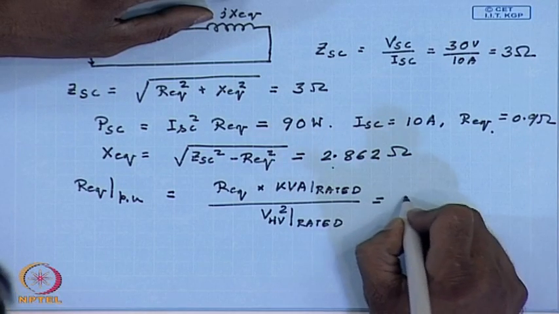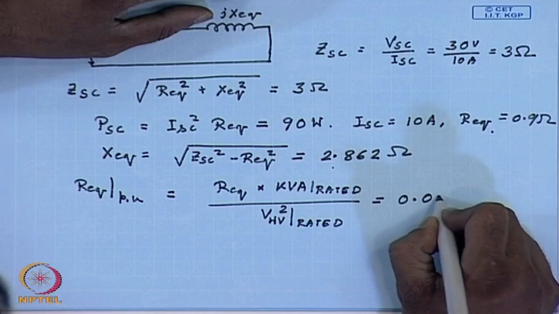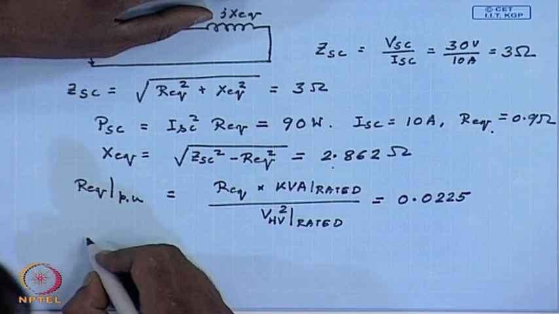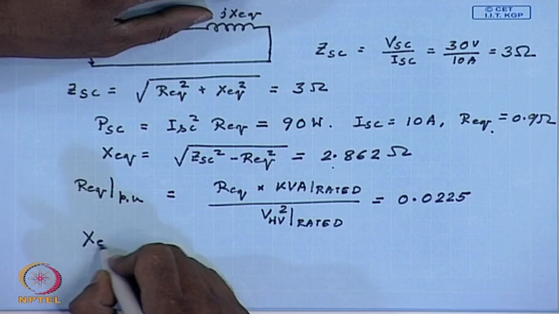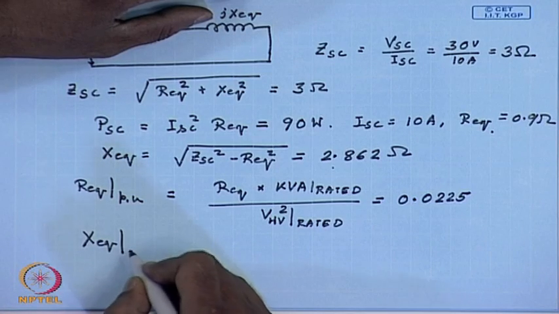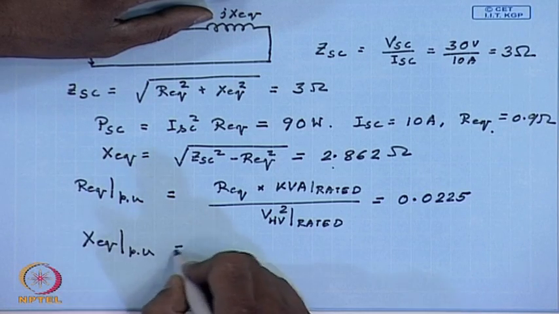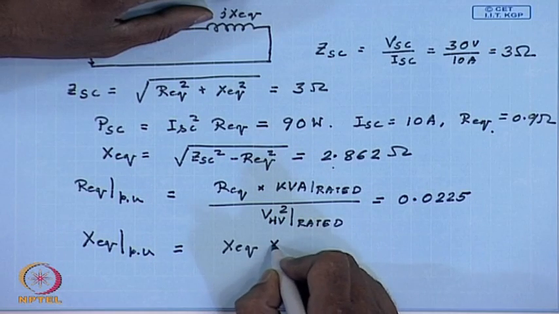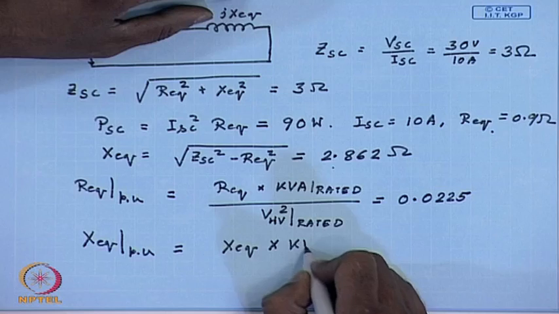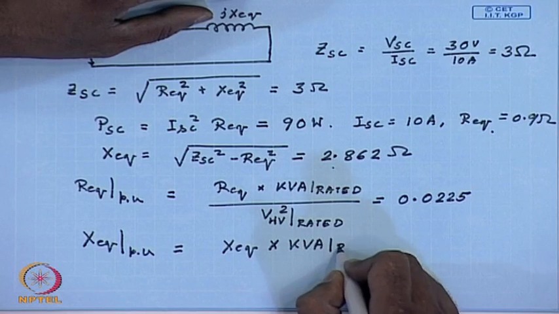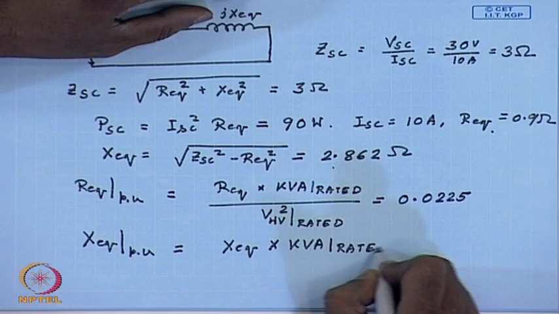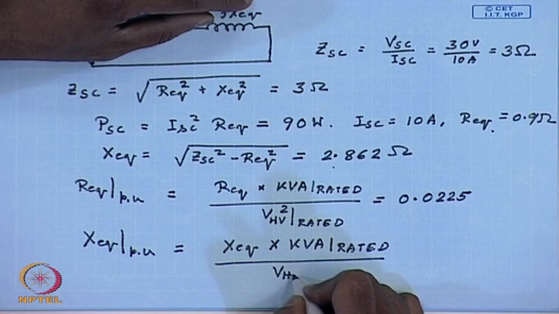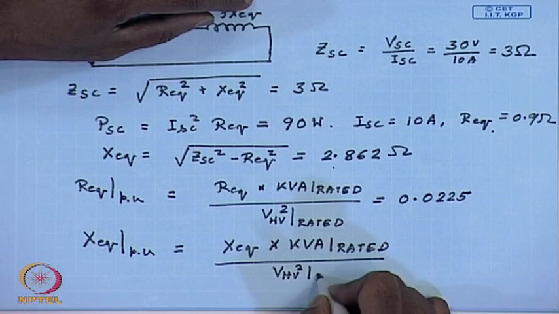This comes to 0.0225 and Xeq per unit will be equal to Xeq into kVA rated divided by VHV square rated.